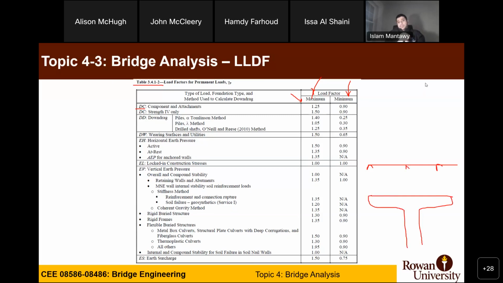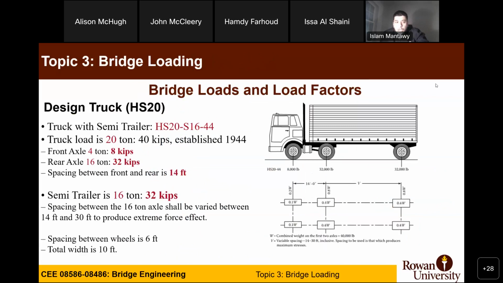Okay, so what you're trying to say here is we usually use the maximum values if the moment sign or the shear sign of the dead load and live load are the same. And if they are opposite, use the minimum for dead load so you can maximize the effect of live load, correct? Yes. Okay, thanks, Hamdi.